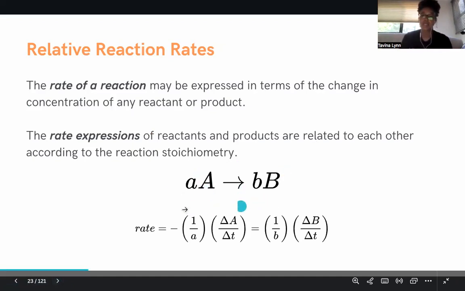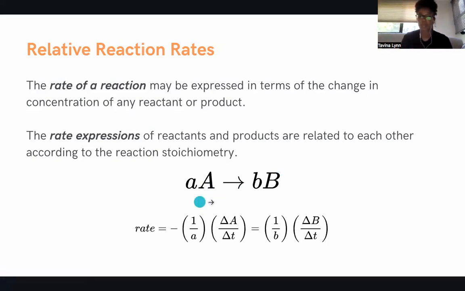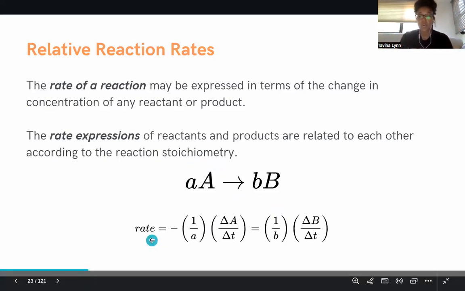Let's say this is a template or just a made up reaction where we have little a, big A, where big A is our reactant. We form some product B, and lowercase a and b represent the mole to mole ratio or the stoichiometry. So if we want to relate the rate of a reaction between the reactants and products, we take into account the reaction stoichiometry.